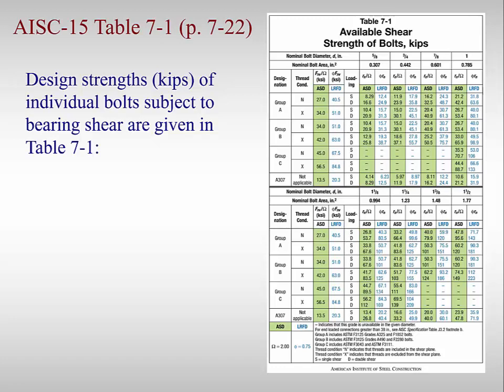Additional information is given in the table, such as the gross diameter and the design shear strength, which are values obtained from table J3.2 with the reduction factor of 0.75 applied. Note the available diameters for these bolts range from 5/8 to 1.5 inches.